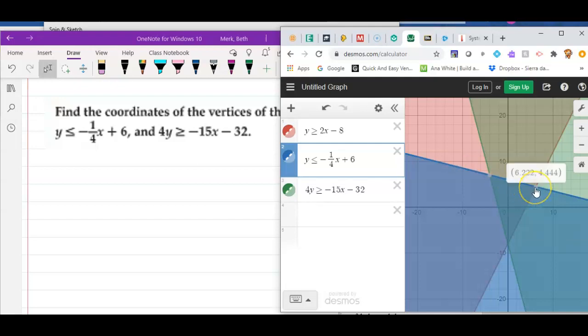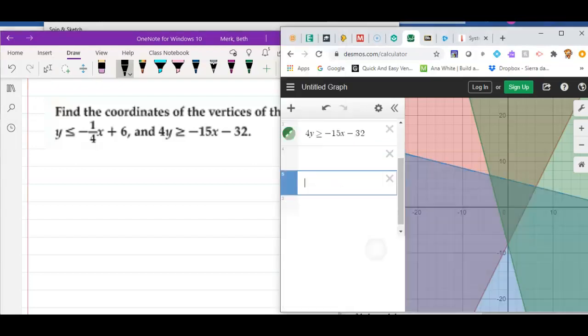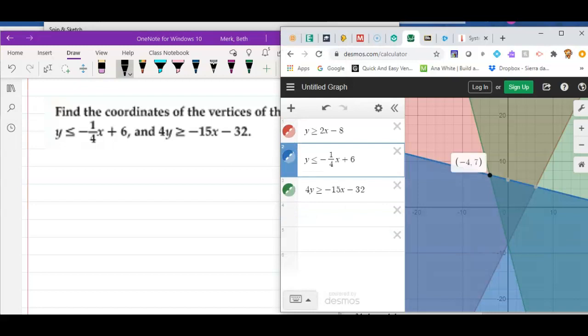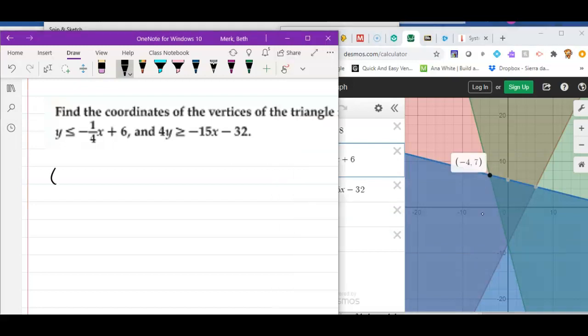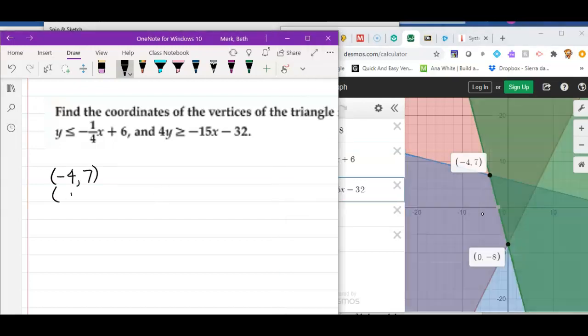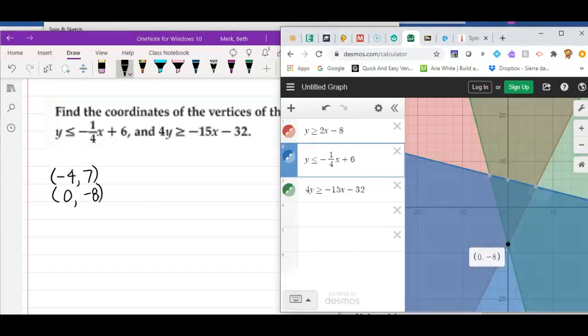And if we want the exact number, we would have to use our system of matrices to solve, to find out where they intersect. We would kind of stop treating them like an inequality and treat them like the equations again. So going back, the points that we definitely know are -4, 7, and we have this point down here, 0, -8.